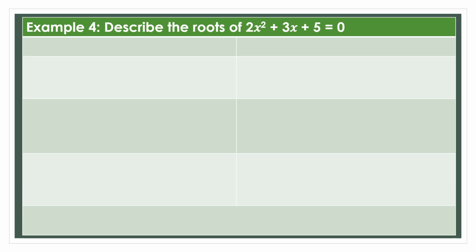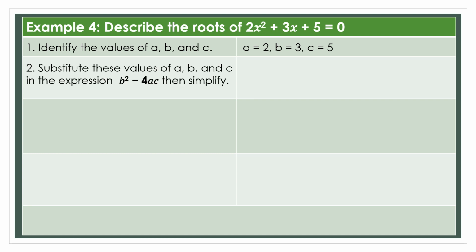And for our last example, describe the roots of 2x squared plus 3x plus 5 is equal to 0. First, identify the values of a, b, and c. From this example, a is equal to 2, b is equal to 3, and c is equal to 5. The second step, substitute these values in the expression b squared minus 4ac, then simplify.